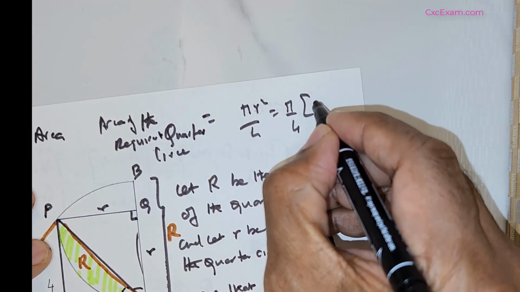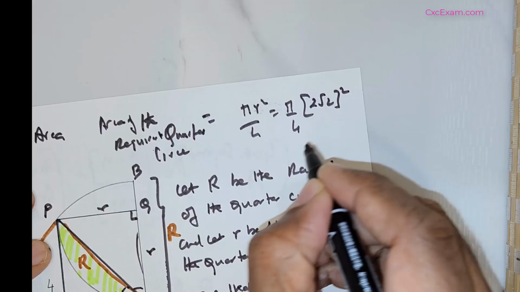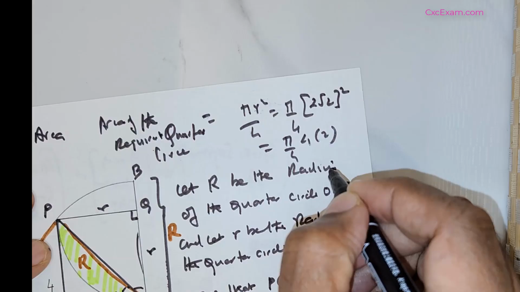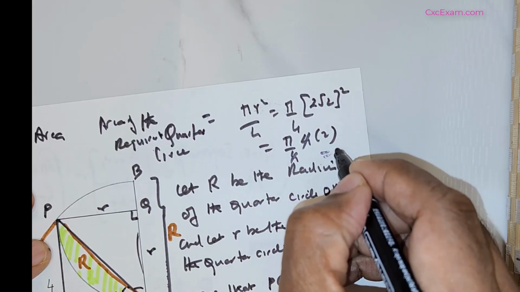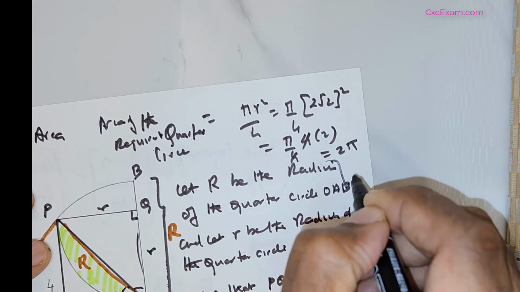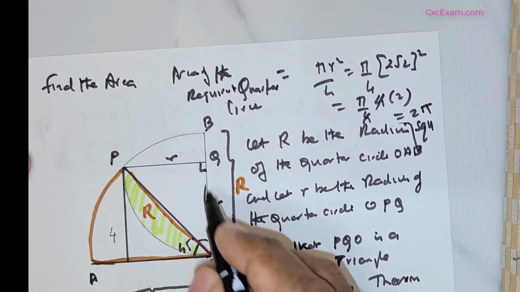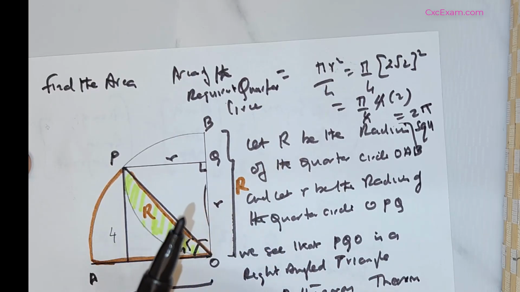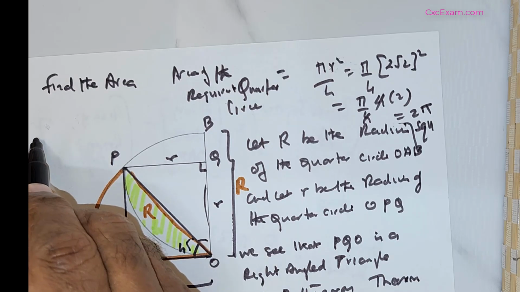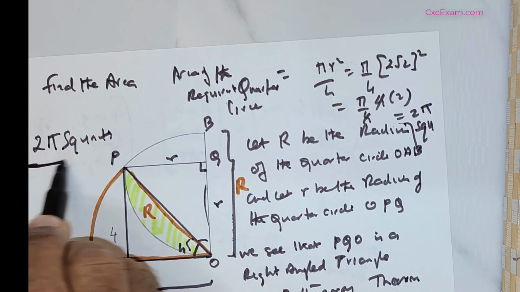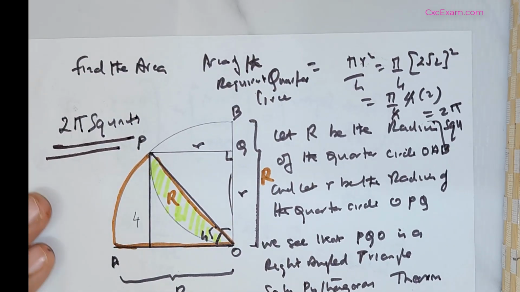So 2 root 2 squared gives 8, and pi over 4 times 8, the 4 gets cancelled, giving me 2 times pi square units. That's exactly what we have got: the required area is 2 pi square units. This is the answer to this question.